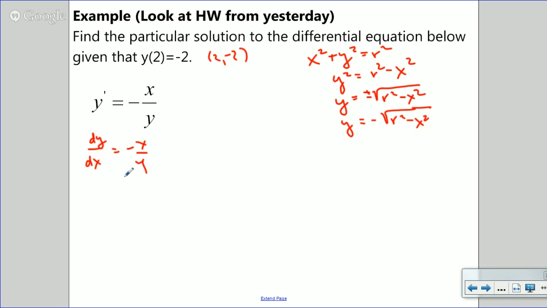Okay, now we have to separate, right? So I want y on the left side, x on the right side. So what do you think about multiplying both sides by y and multiplying both sides by dx? So I would end up getting y dy equals negative x dx. Do you agree with that?